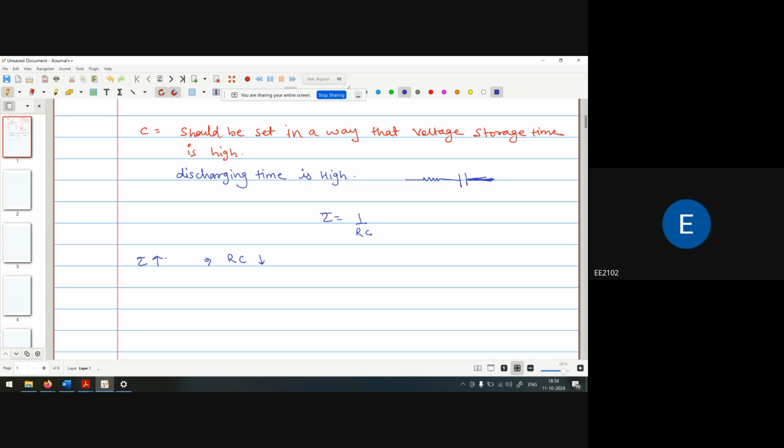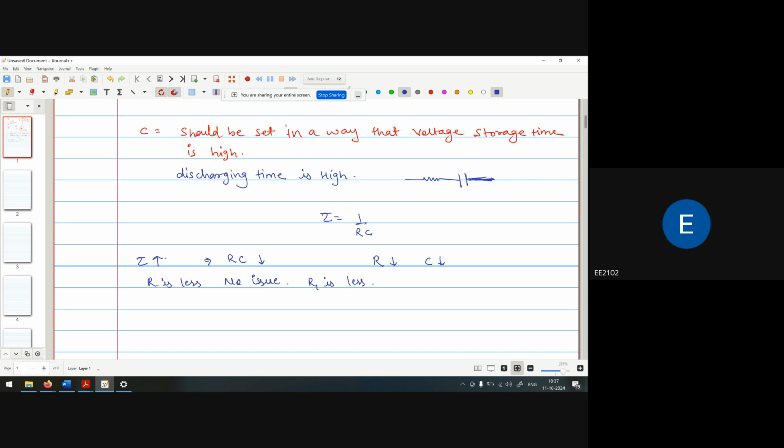If R and C both are less, that means either R is less or C is less. Okay, R is less, no issue. The value of R1 is less in our circuit.